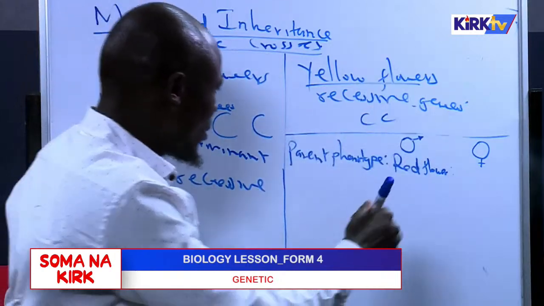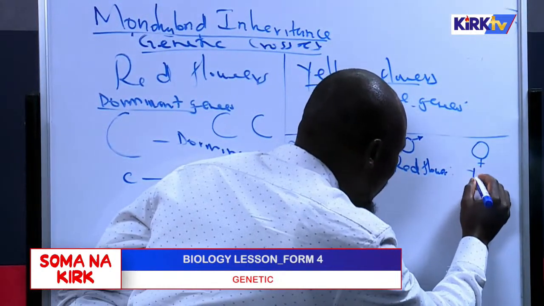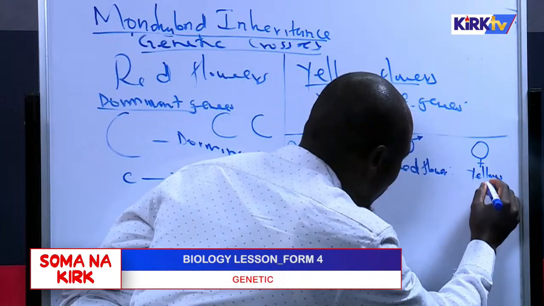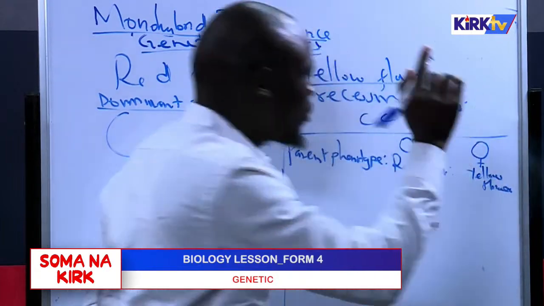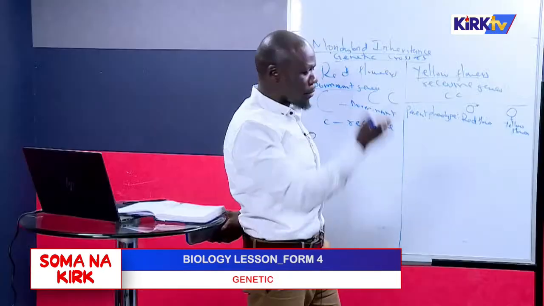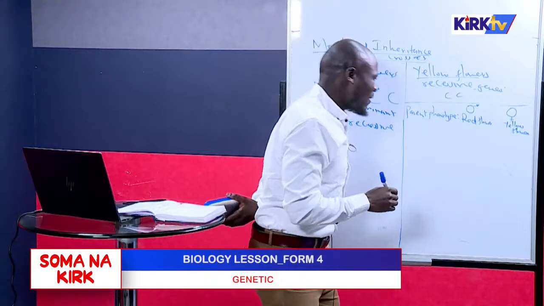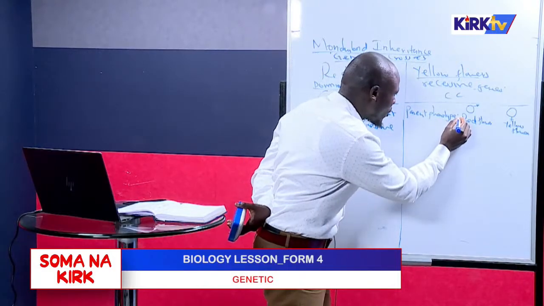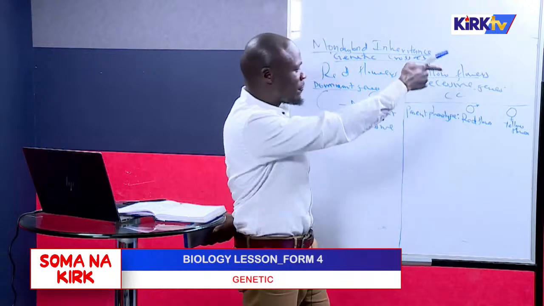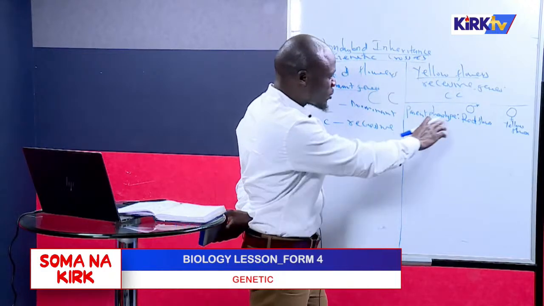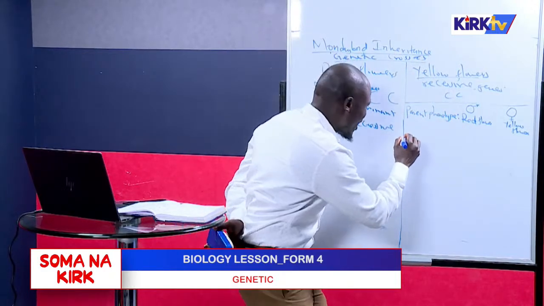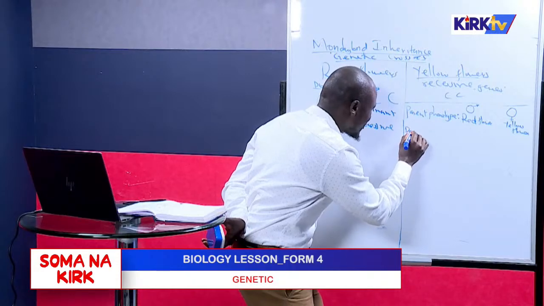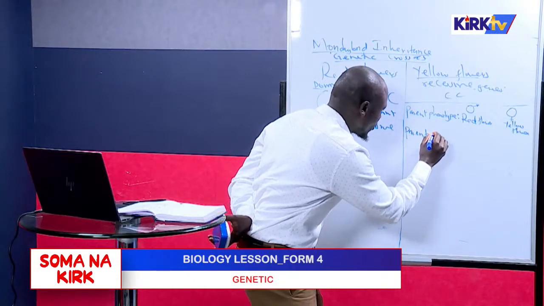Then the other one, I represent it with yellow flower, because I'm just using one female to represent the rest. Then after representing, remember, we have to put the colon before those ones. Ensure that you don't forget to put that one. After that, I go to the parent genotype.